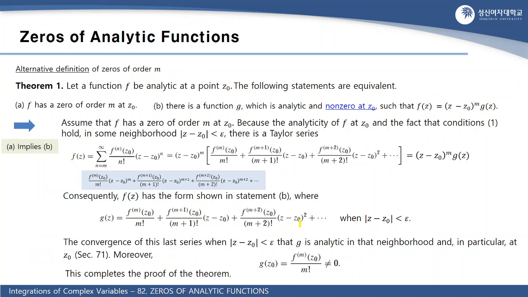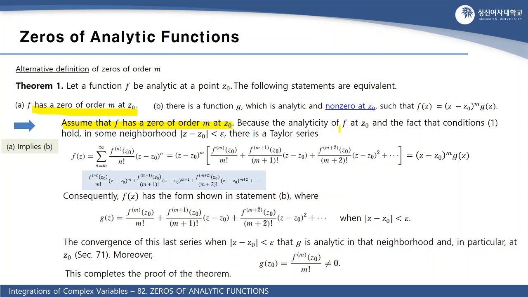First, we prove the forward direction, which means statement A implies statement B. So we first assume that f has a zero of order m at z0. This is the assumption.